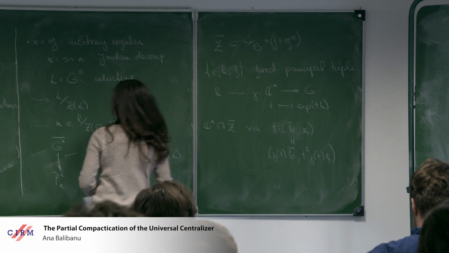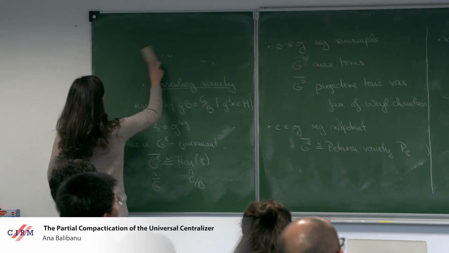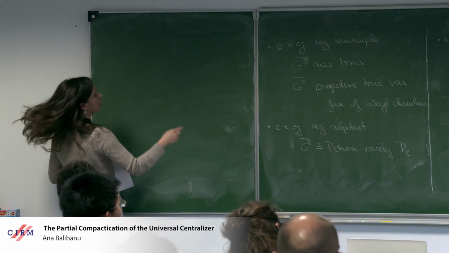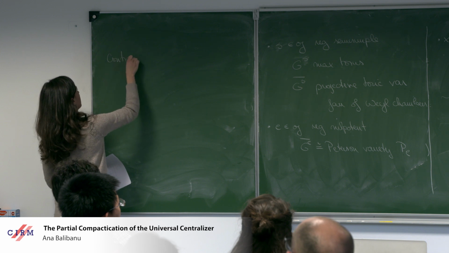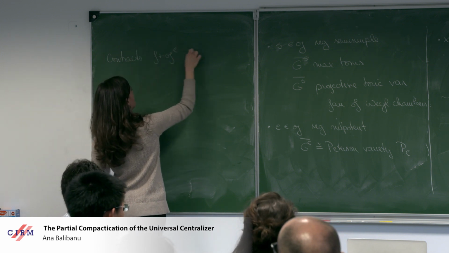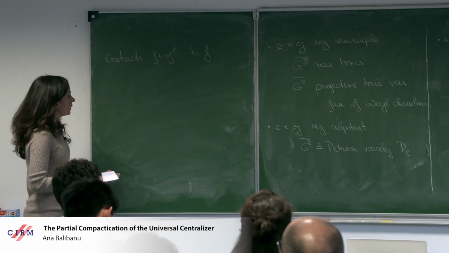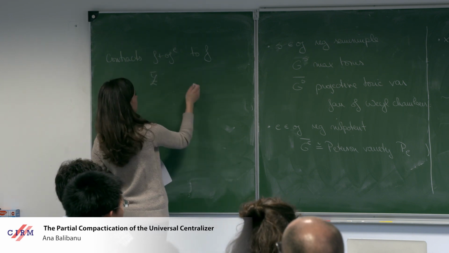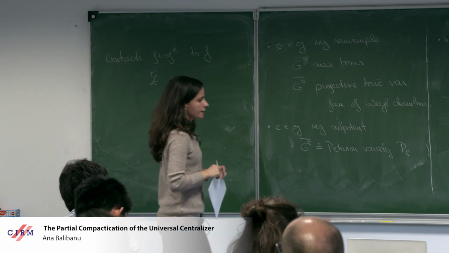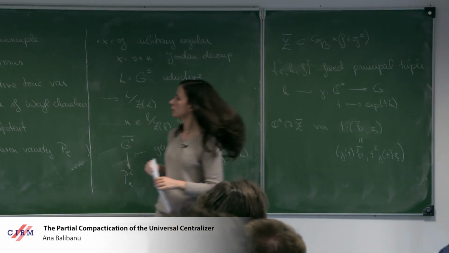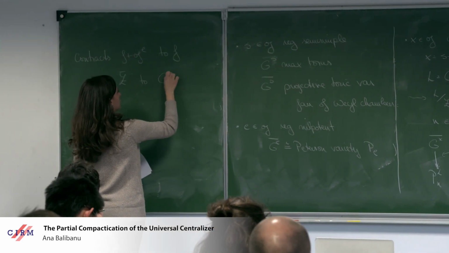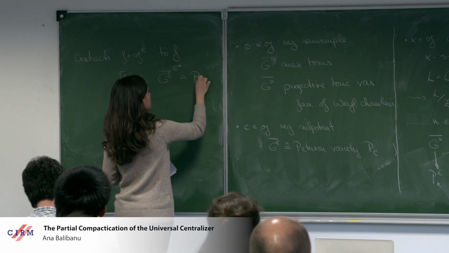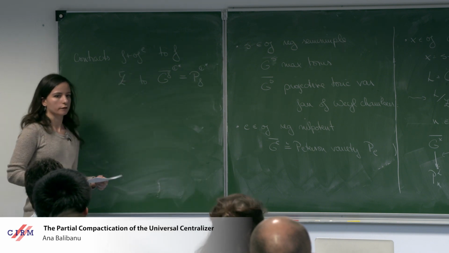So this is an action that contracts the principal slice to the principal nilpotent f, and it contracts the universal centralizer, or the partial compactification of the universal centralizer, to the C star fixed points in the fiber above f, which is to say the C star fixed points in the corresponding Hessenberg variety.